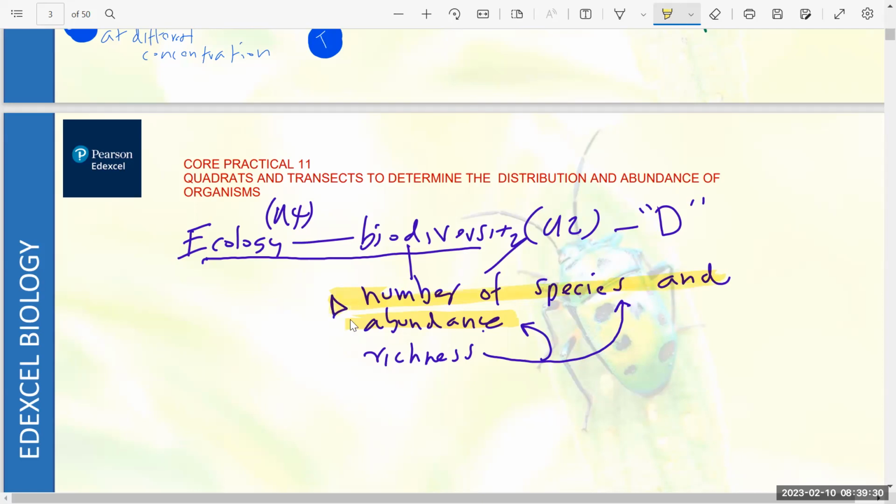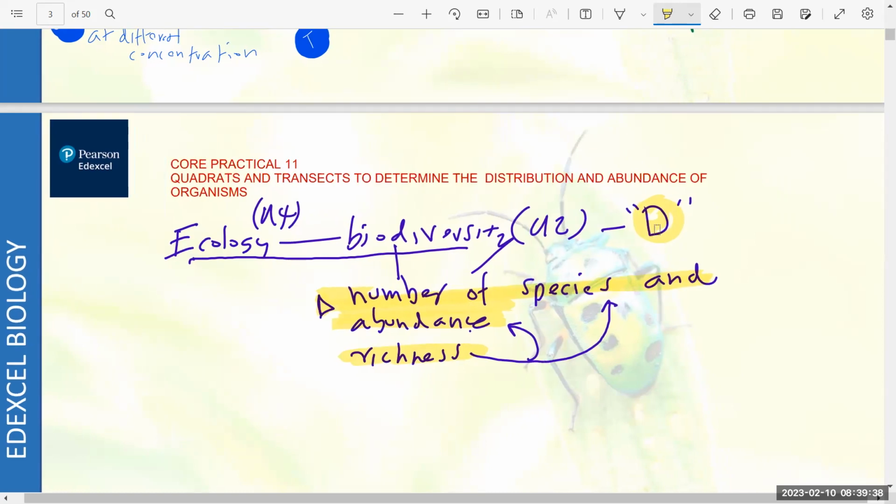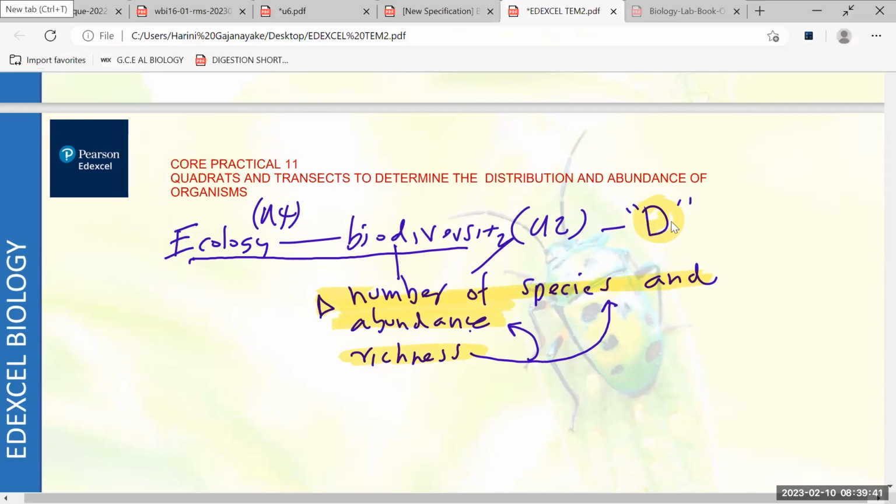Number of species and abundance come under species richness, and we have used a diversity index, that's the Simpson index, to calculate it. And in unit 2 we also learned a little bit about the quadrant method.